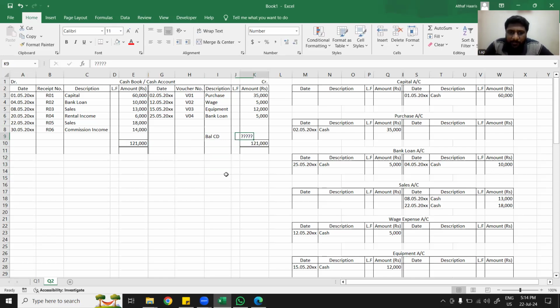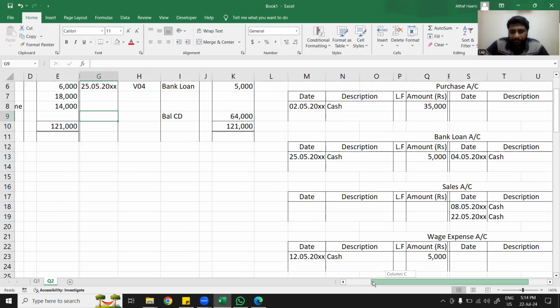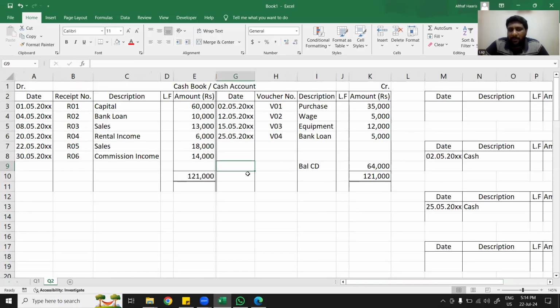Balance c/d equals this amount minus the sum of this, 64,000. So this is the last day, 64,000 closing balance is there. May month, what is the last day, people? 30 or 31?